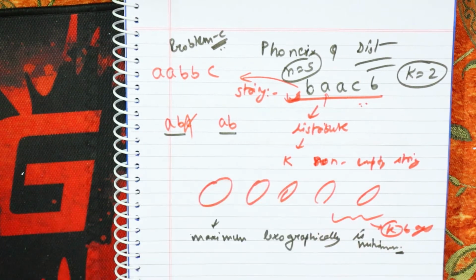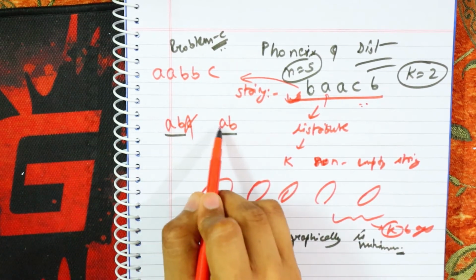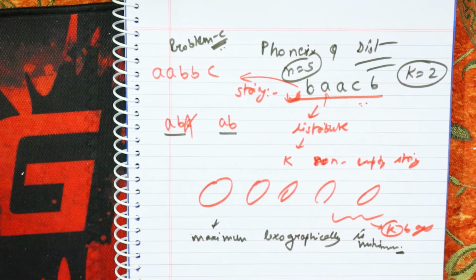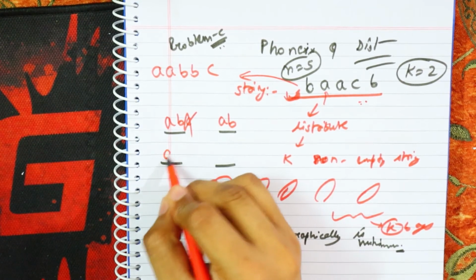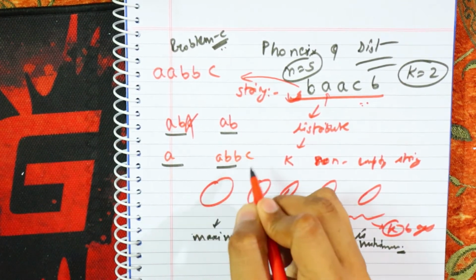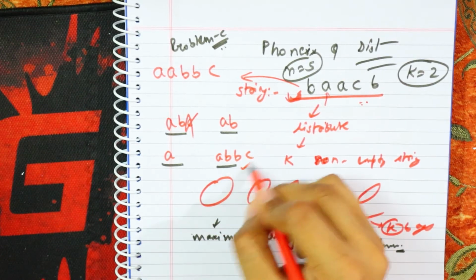Because see, if I had my A, B, B, C, then C, it is lexicographically minimum.